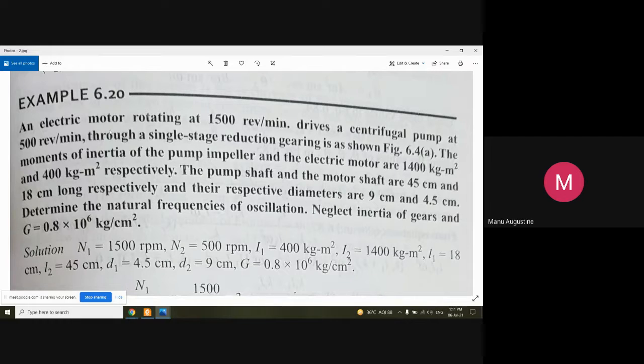So the electric motor is the driving element. Motors are drivers. The RPM of the driving part is given. It drives a centrifugal pump at 500 revolutions per minute through a single stage reduction gearing.